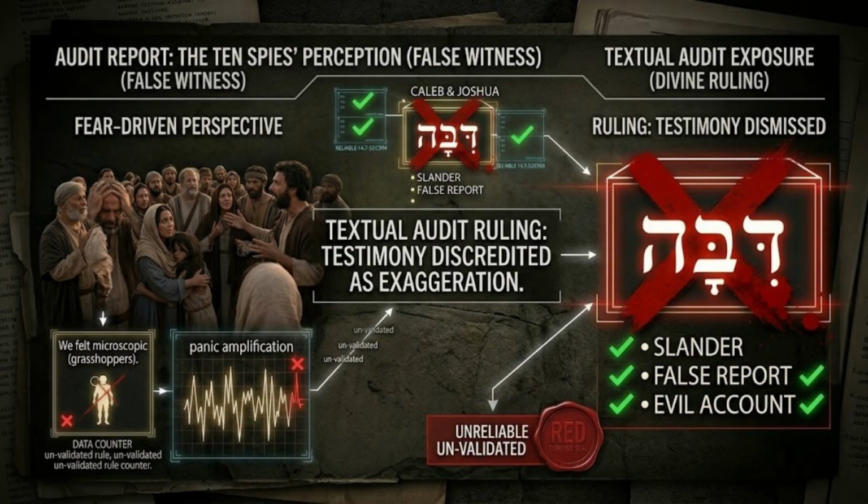So, when those same 10 spies described feeling like grasshoppers, when they claim to have seen the Nephilim, we are reading the emotional testimony of men the narrative itself categorizes as unreliable. Men whose fear had already distorted their perception, men who are described elsewhere in the same passage as producing a panic through exaggeration.